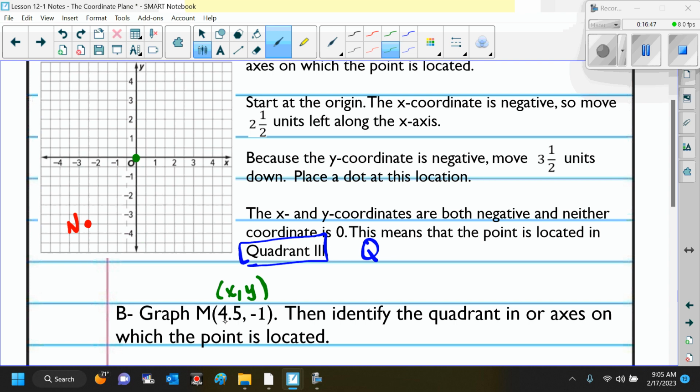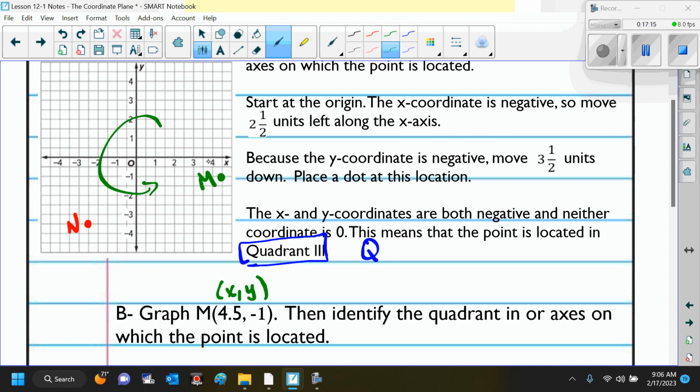Because the x-coordinate is positive, we're going to go to the right. So we're going to go 1, 2, 3, 4.5, and then, because the y-coordinate is negative, we're going to move down. So we're going to move down 1 unit, and there we are. So that is point M.